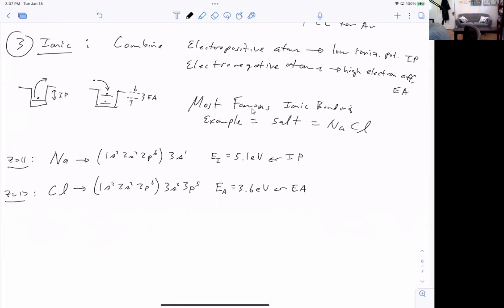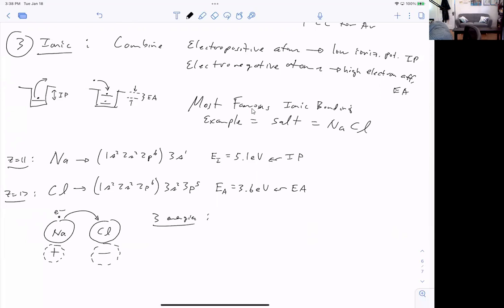That means that if I take a sodium atom and a chlorine atom and put them in proximity, an electron is going to jump across. This one will become plus, and this one will become minus. And if that happens, then there are three energies that we have to think about.